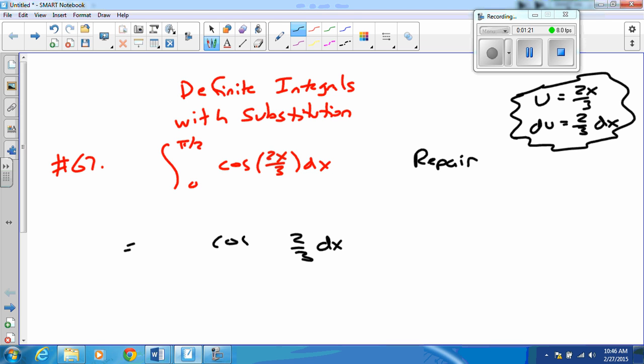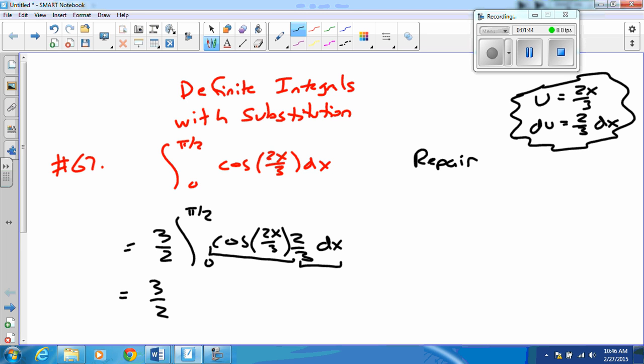Using the process that we talked about in class, I multiply by 2/3 on the inside, and I divide by 2/3 on the outside so that my integral does not change values. And now it's a simple matter of the fundamental theorem.